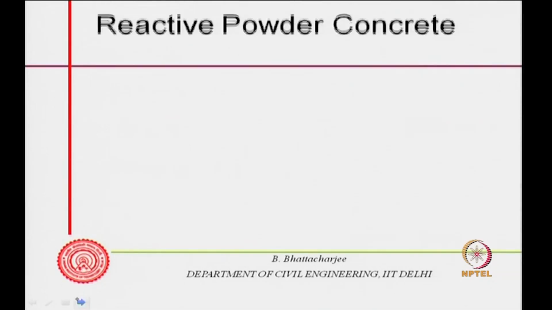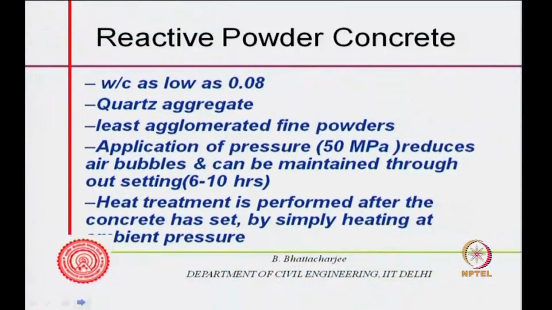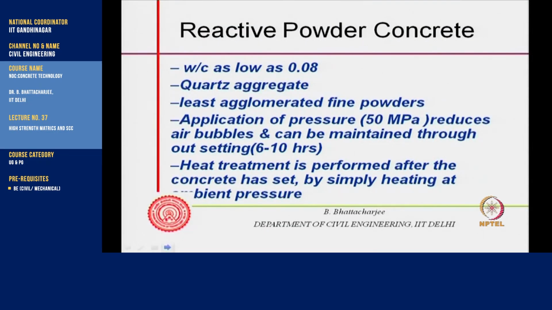Right. Now, this is one extremity of this one. It could be as low as 0.08 water to cementitious ratio, water to cementitious, I will call it Cm rather than C alone, water to cementitious ratio Cm.